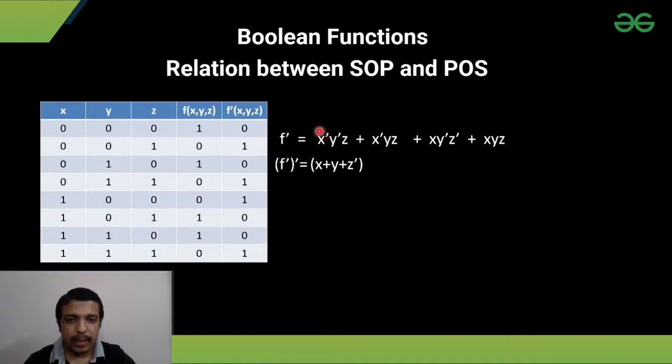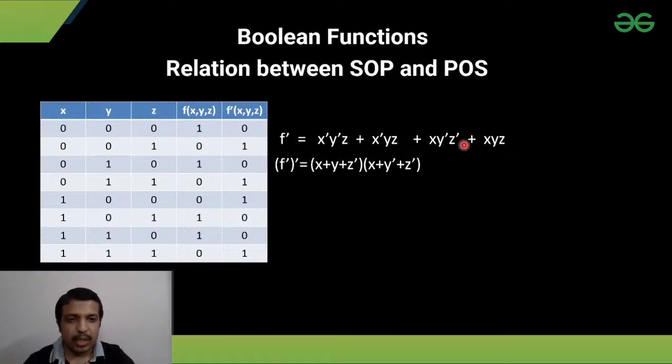So x complement gets removed, y complement gets removed, and z gets complemented. Similarly, the and in between x complement, y and z gets converted to or, and x was complemented, x becomes uncomplemented, y and z which were not complemented have become complemented.